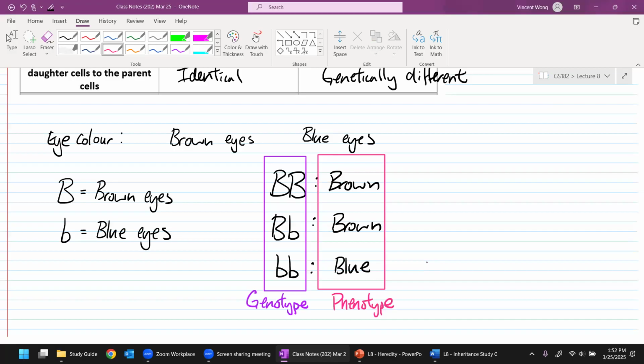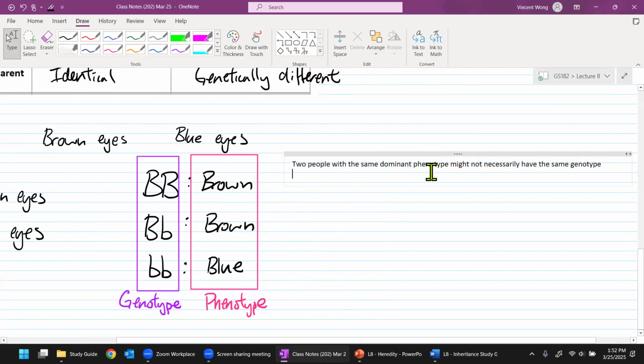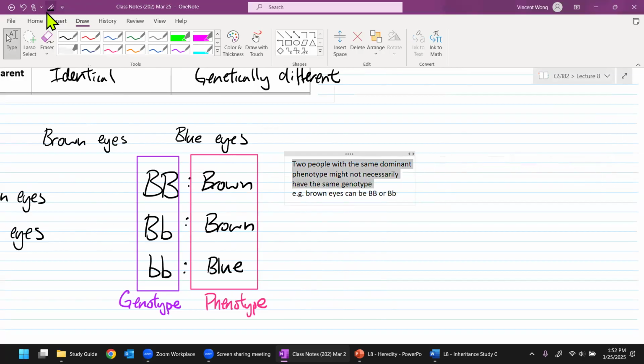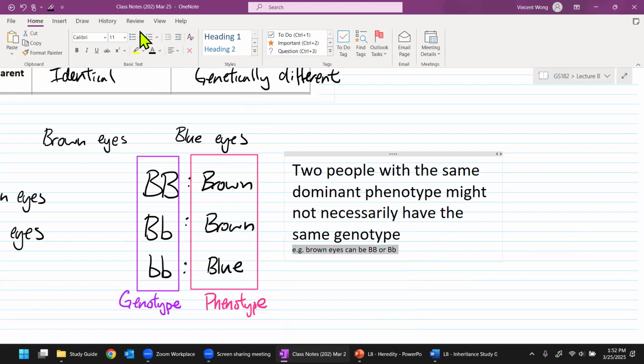Two people with the same phenotype, especially when we're talking about dominant phenotype, might not necessarily have the same genotype. Are you with me, everybody?